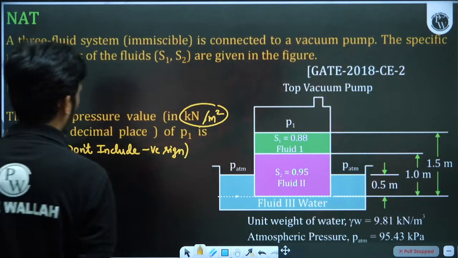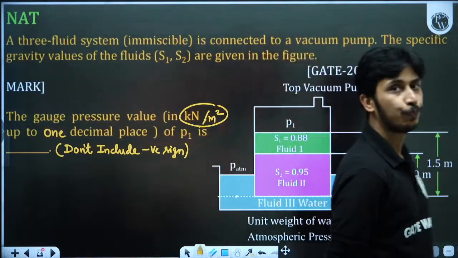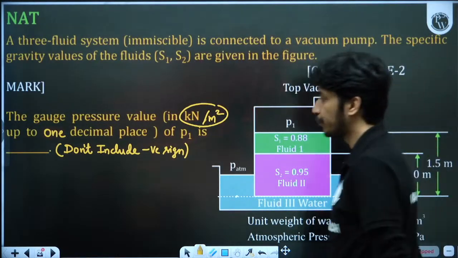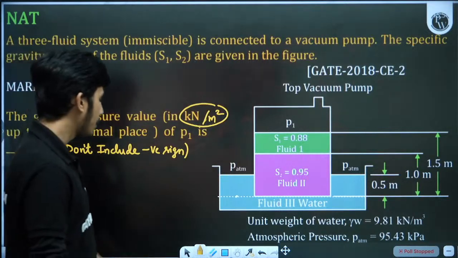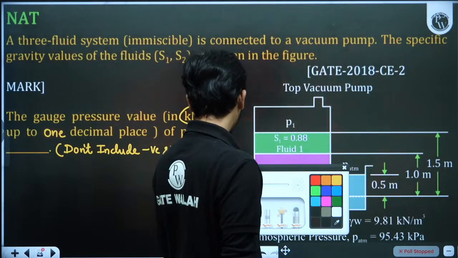So the best possible thing is to say good luck to you. Okay, now the students are also solving this question.